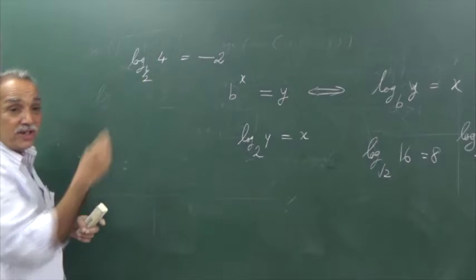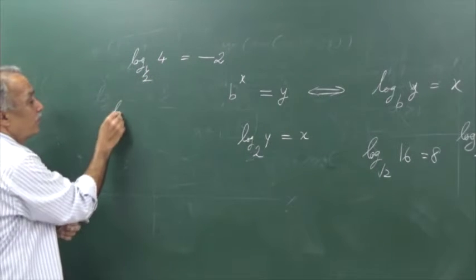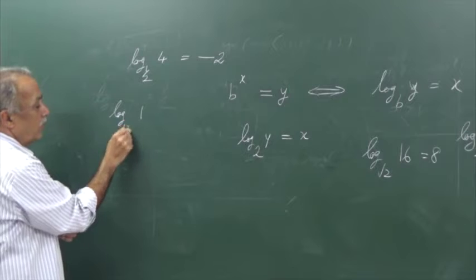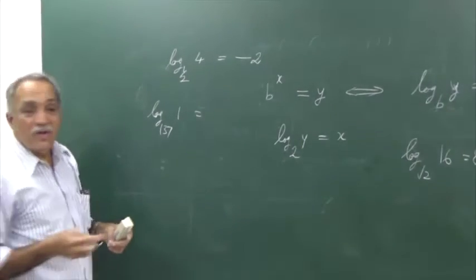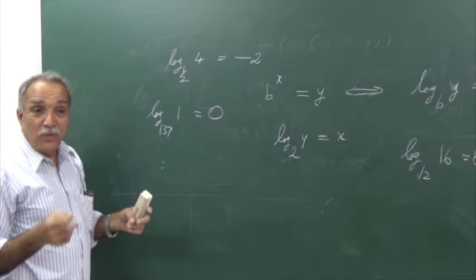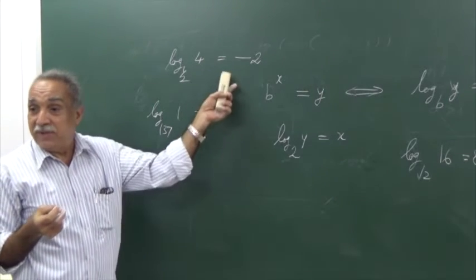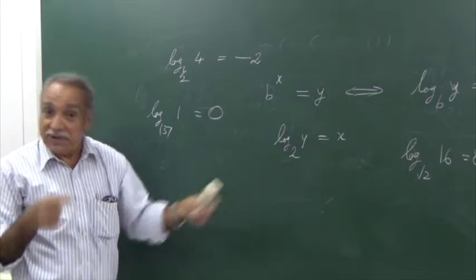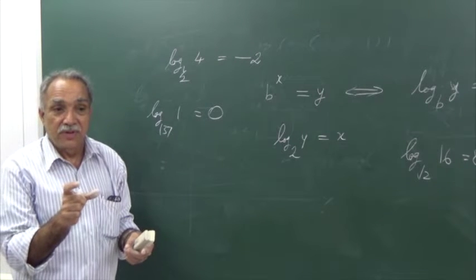So the value you get as the logarithm of a number may be negative. The value that we obtain as the logarithm of a number may be 0, may be negative, may be positive. But logarithm is defined only for positive numbers.